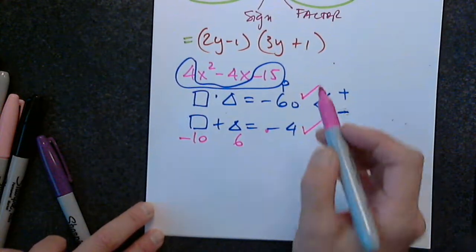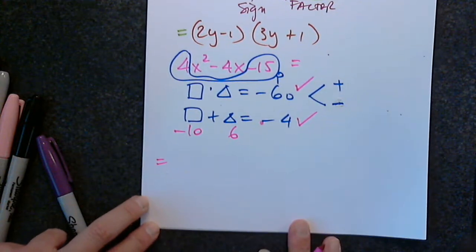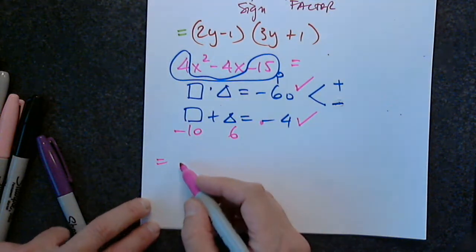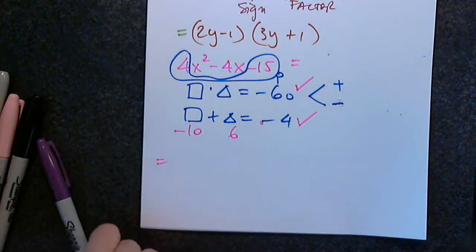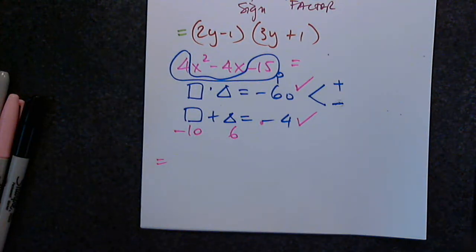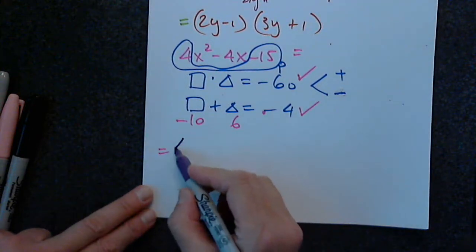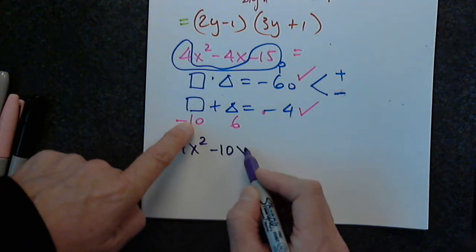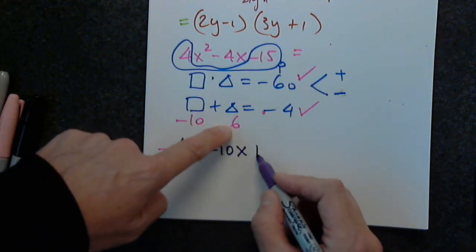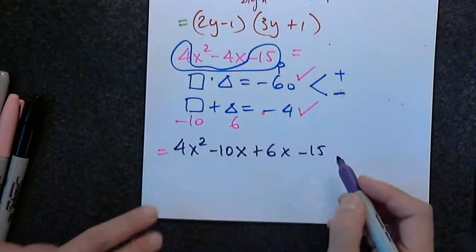Can anyone dictate the next step? 4x minus 10x plus 6x minus... Do we all see that?